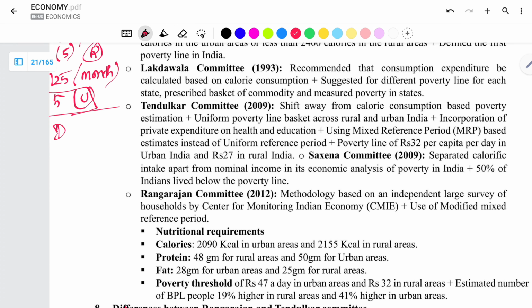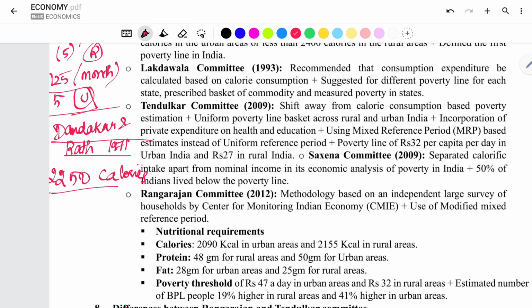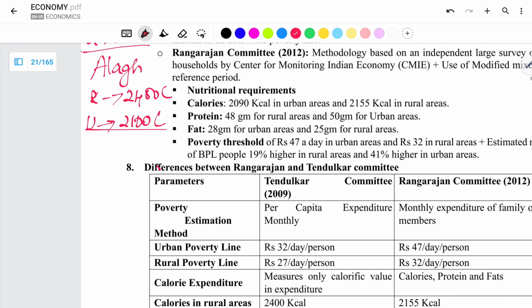But we have Dandekar and Rath. In 1971, they went for a poverty line based on calories, 2250 calories. But what did Alag do? He said that the rural has different calories and the urban has different calories. After Alag, we have Lakdawala. What is so unique about Lakdawala?